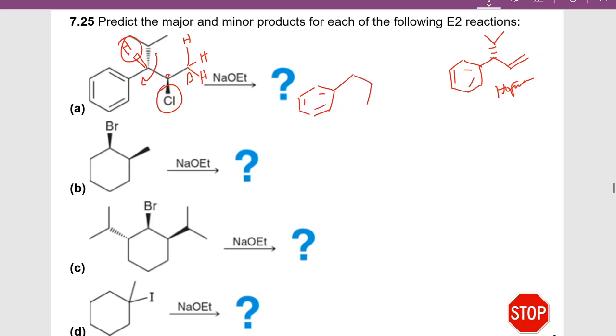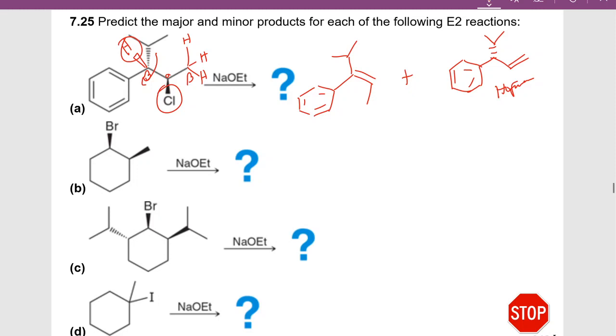And my isopropyl group will be up. So this is going to be the stereospecific product for elimination at the left beta carbon. Okay, so these are the only two products that are possible here.